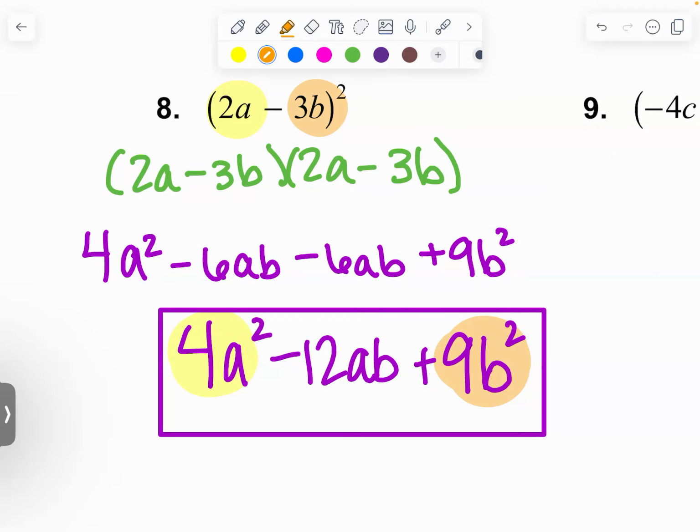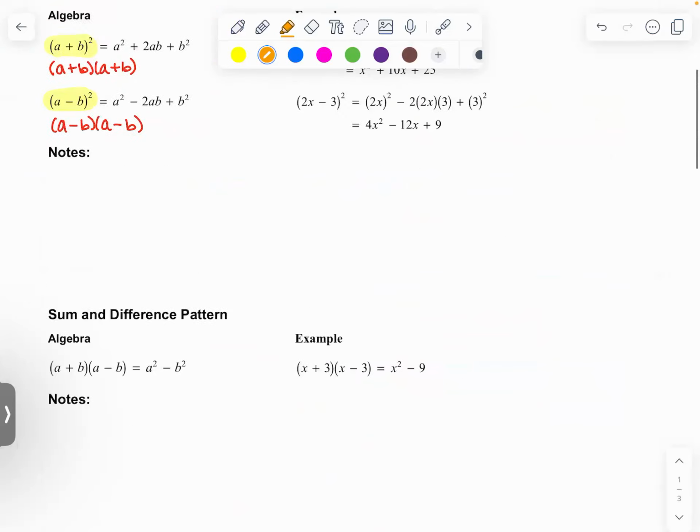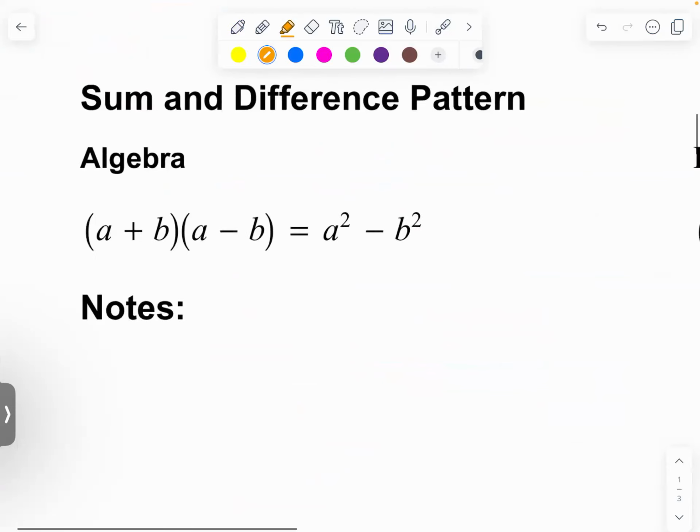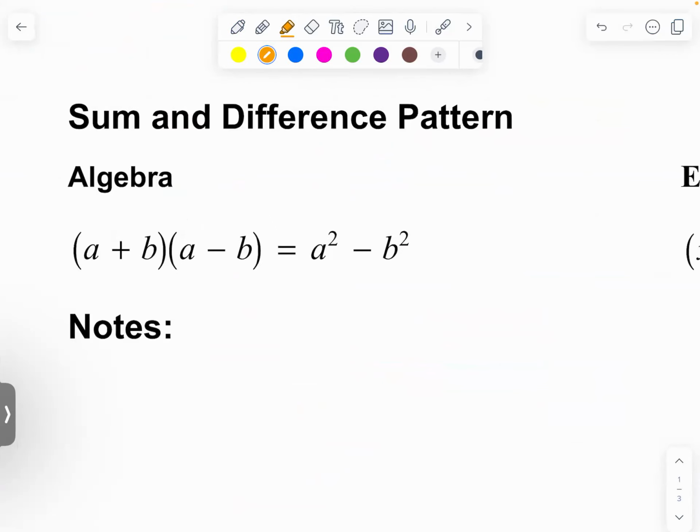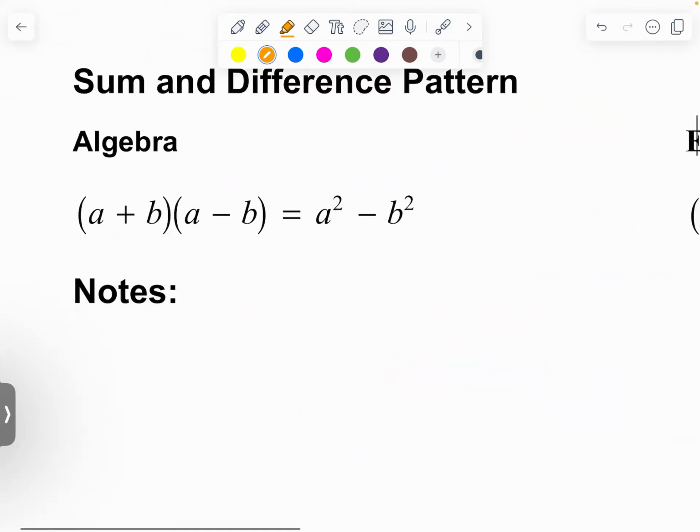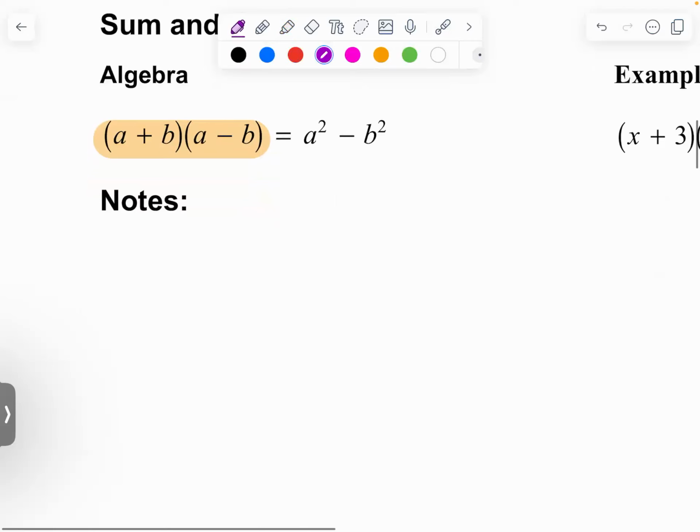Now, let's go back to page 216, and let's talk about what we call our difference of squares. Notice how when we have a plus b times a minus b, let's talk about what happens.